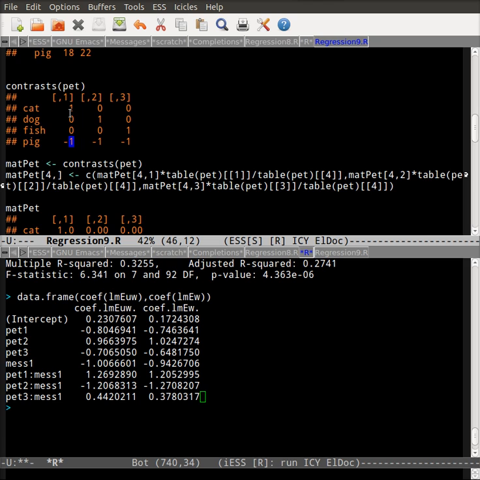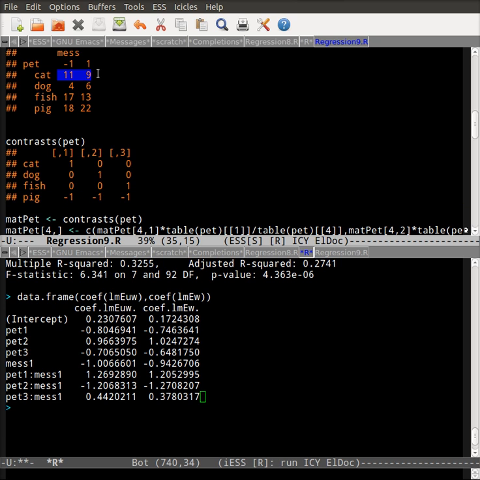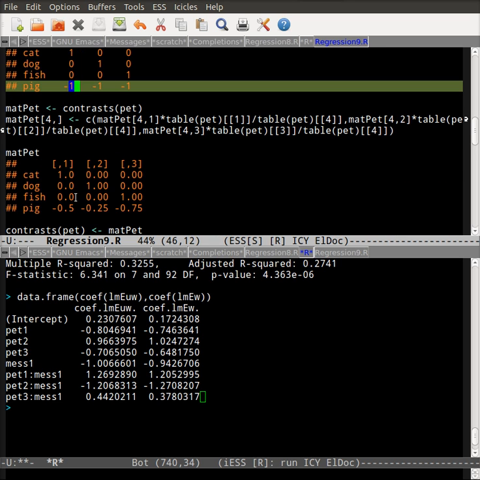So instead of having a -1, I'm going to have the frequency of cats relative to the frequency of pigs reflected. So how many cats do we have? We had in total 20 cats. And how many pigs do we have? We have 40. So instead of having a -1, I'd rather have 0.5.